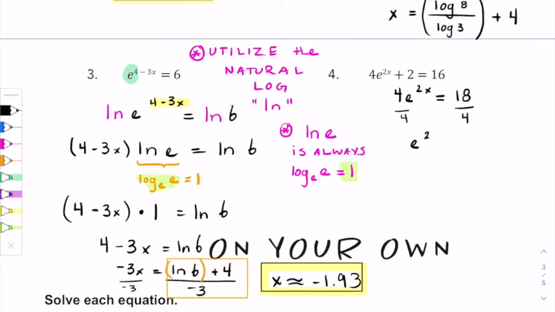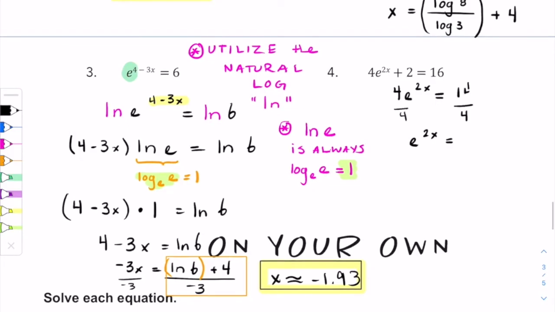E to the power of 2x is equal to, I'm just going to simplify this fraction. Oh, I actually realized I made a mistake. It's 16 minus 2, so it's actually 14 divided by 4, which is going to simplify to 7 over 2.